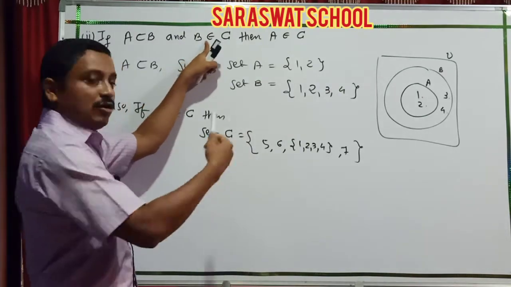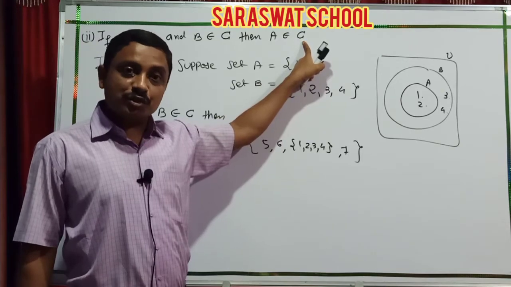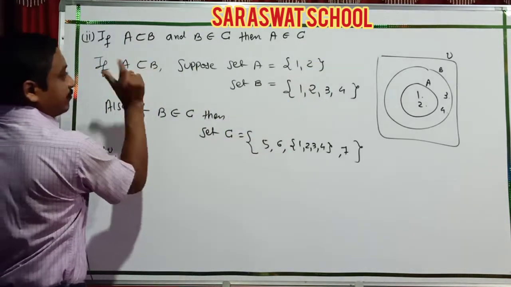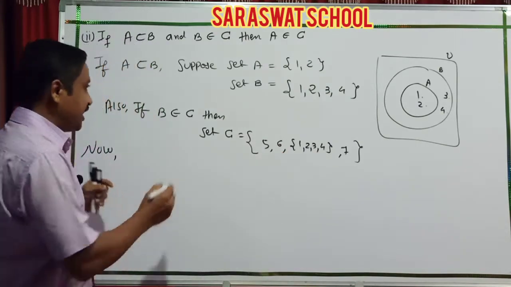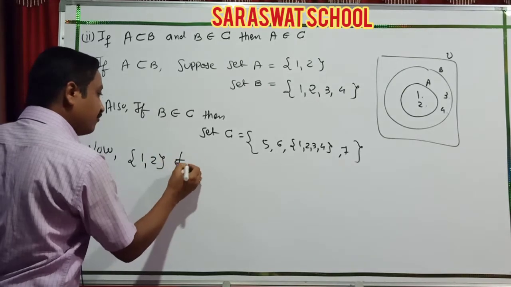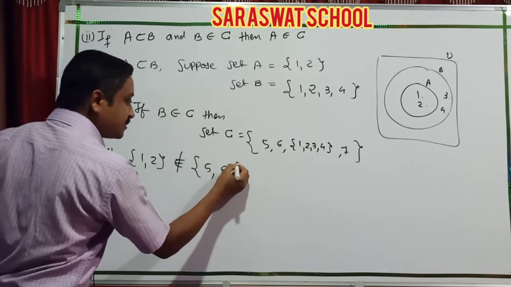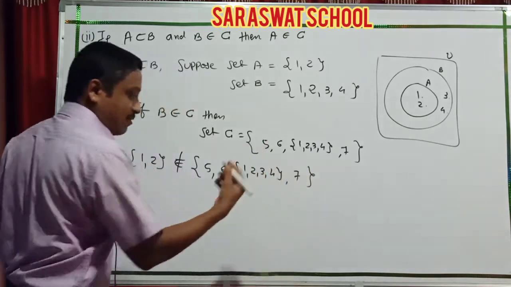B belongs to C, already taken. And what is being checked? A belongs to C, meaning this full value A, this 1, 2, belongs to C? No. This A, 1, 2, is not a member of 5, 6, 1, 2, 3, 4, 7.